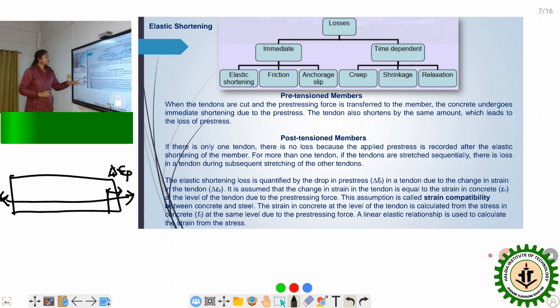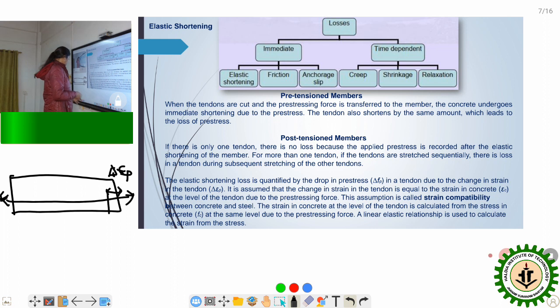Whatever change in strain happens in the tendons, that amount of change in strain happens in the concrete as well. This is where we use the concept of strain compatibility between the concrete and steel, and this is where we will be able to calculate how much loss in stress happened due to the elastic shortening.